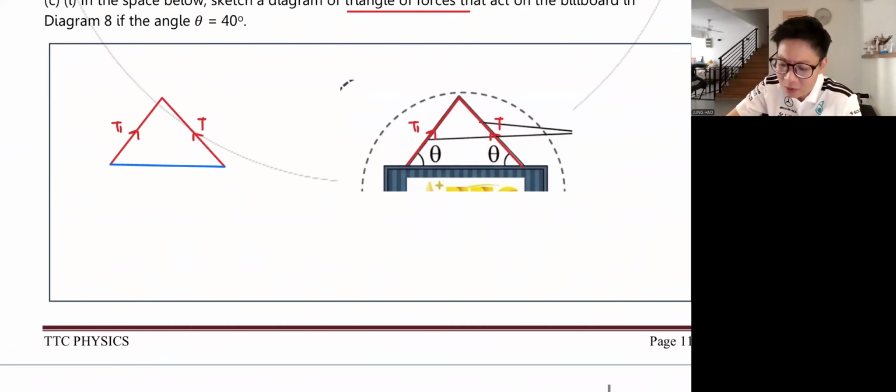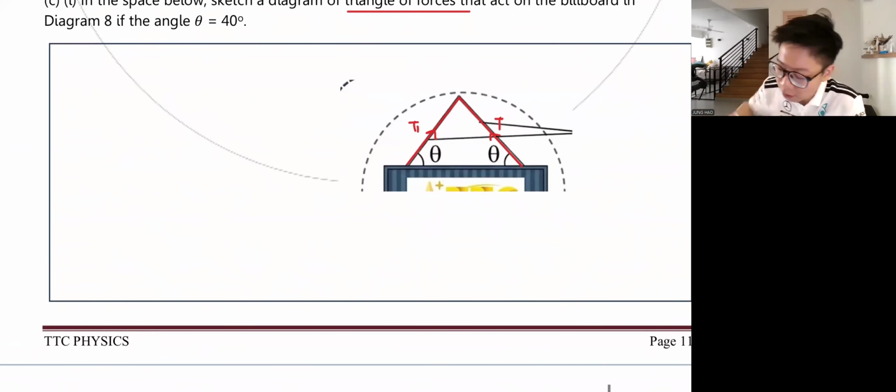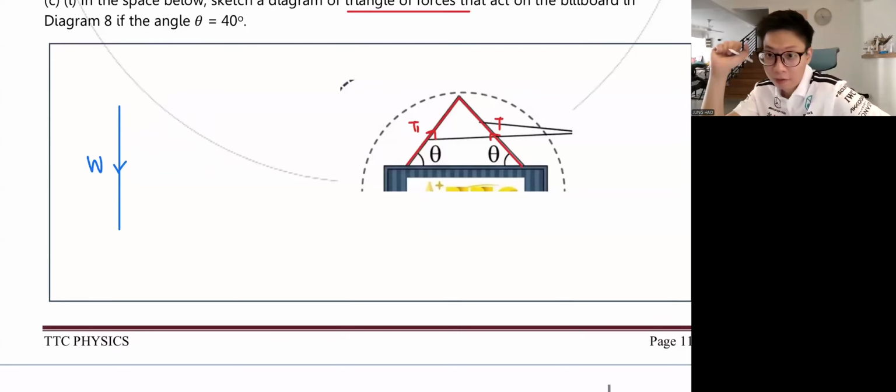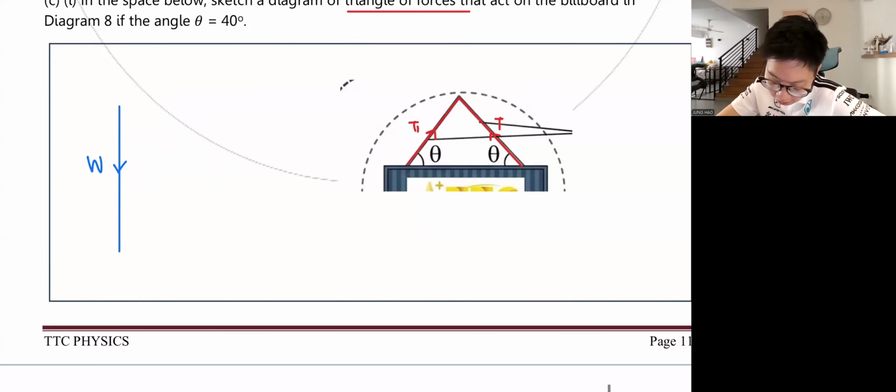So what's the proper way to draw this triangle of forces? Which line do we draw first? We always draw W first, the weight, then followed by your T1 and T2.